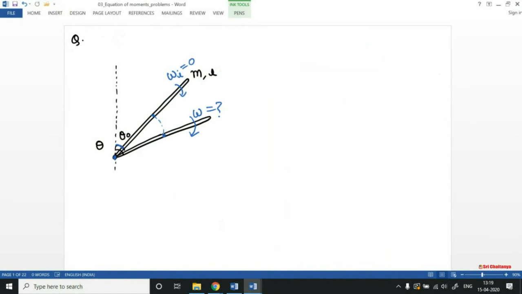At the cost of which the kinetic energy will be increasing. So the gain in kinetic energy here would be equal to half I, the moment of inertia of the rod about the axis of rotation, which is ml square by 3, into omega square.